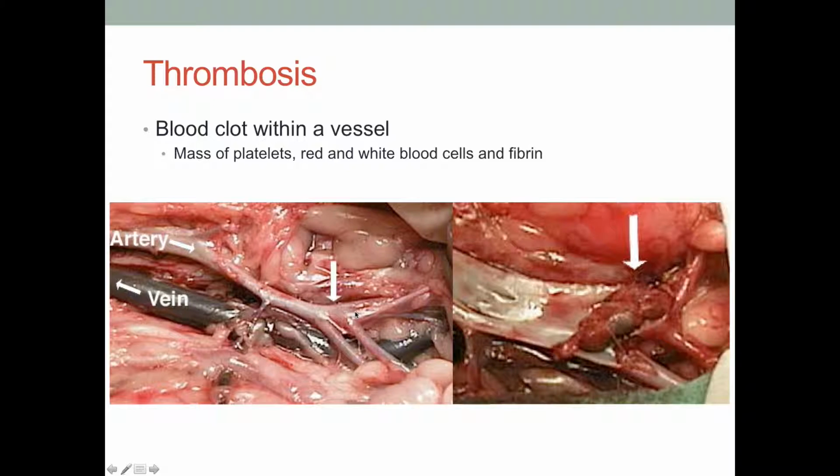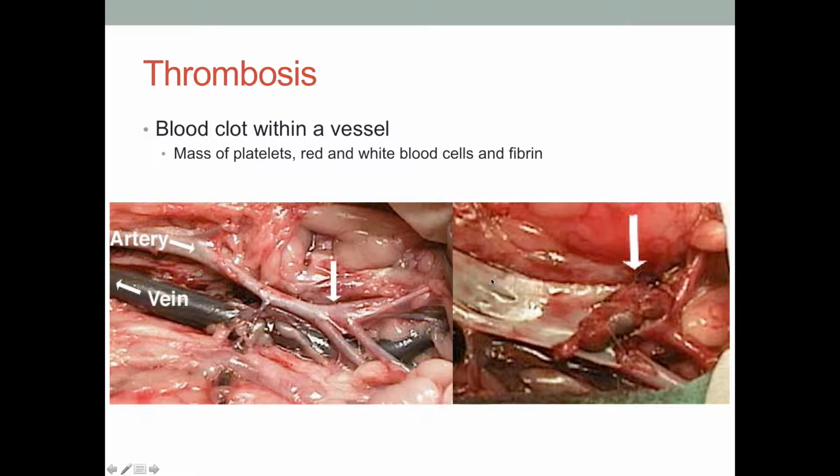You'll probably hear the term Doppler, and a Doppler refers to using sound waves to identify any abnormalities in flow. You can use these Doppler paradigms to see if there's any abnormality. And what they've detected is that there's abnormality in flow in this artery, which is not evident from the outset.